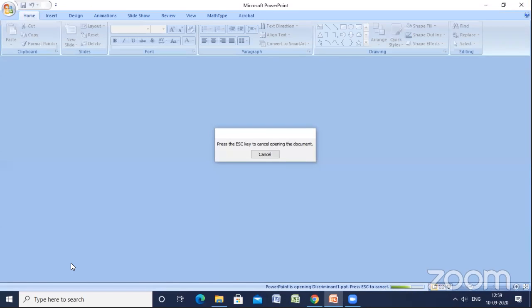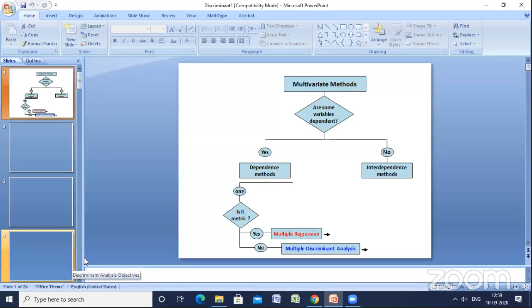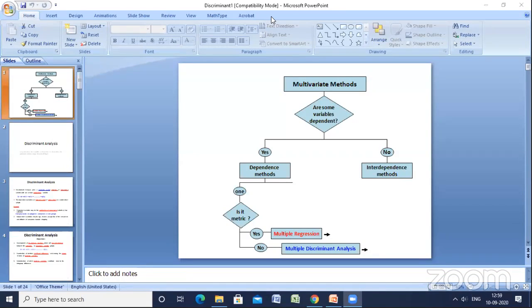Please unmute yourself. स्क्रीन आ रहा है?